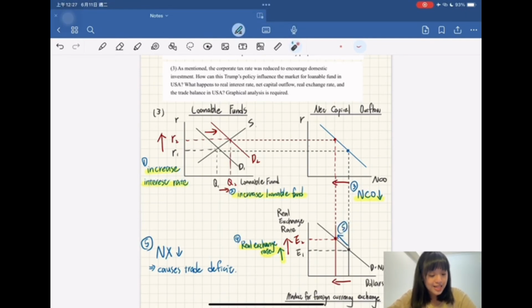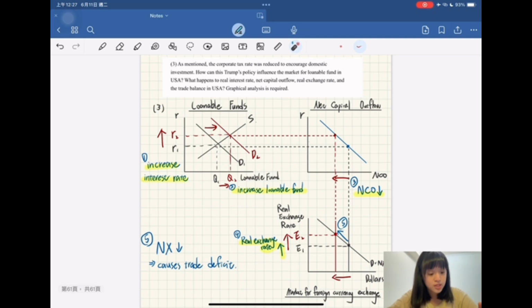As mentioned, the tax rate was reduced to encourage investments. So how can this Trump policy influence the market for loanable funds in the USA? What happens to the real interest rate, the net capital outflow, the real exchange rate, and the trade balance in the USA? So let us use the graph to show what's happening.